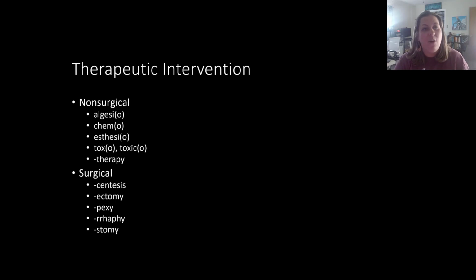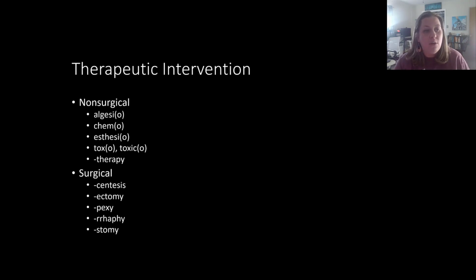You also can have chemo for chemotherapy. This is where we're going to use a certain kind of medication, a lot of times to treat cancer. Anesthesia, when we look at anesthesio, it's to kind of bring down your awareness. And so when we talk about general anesthetic, it puts you out, it puts you to sleep.